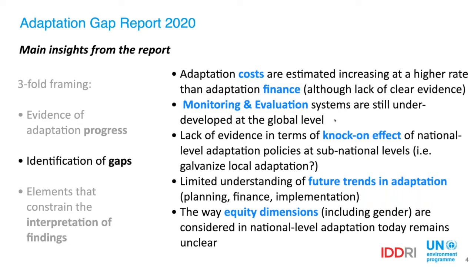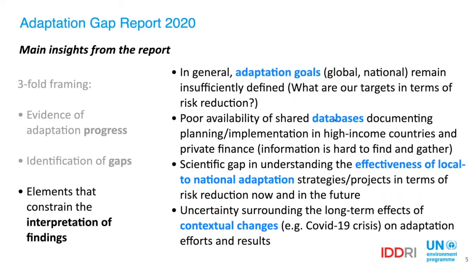There is also a limited understanding of future trends in adaptation, planning, finance, and implementation dimensions, of course. So it's hard to make projections on future adaptation, and the way equity dimensions, including gender, are considered in national level adaptation today remains unclear. And so that's a point of interest and attention for the next reports.